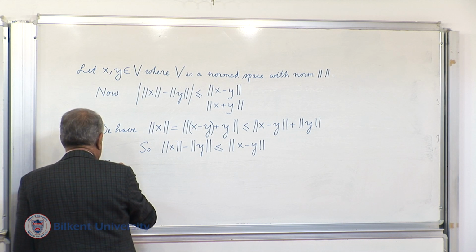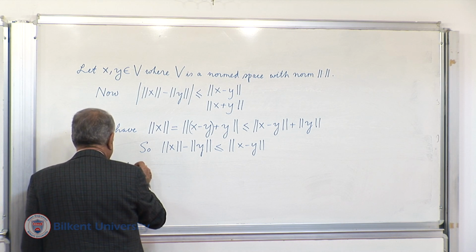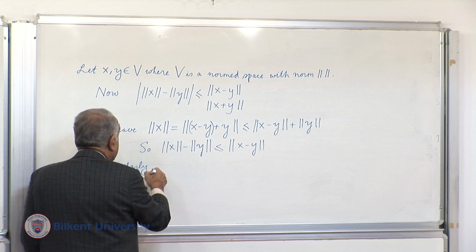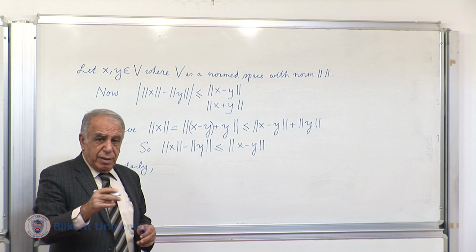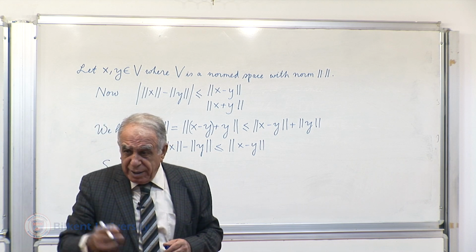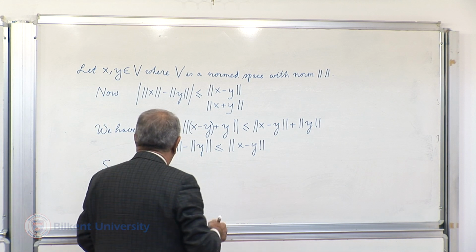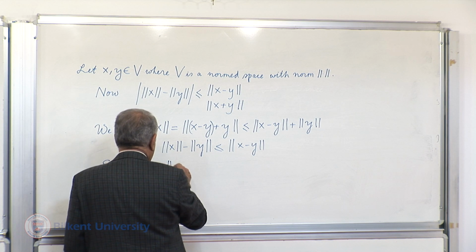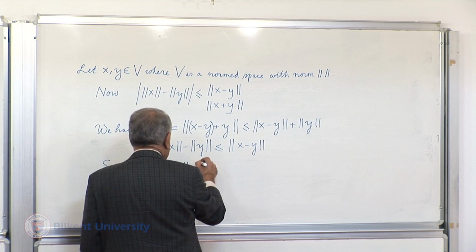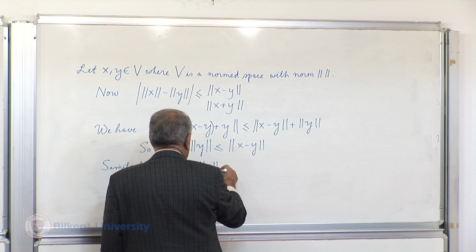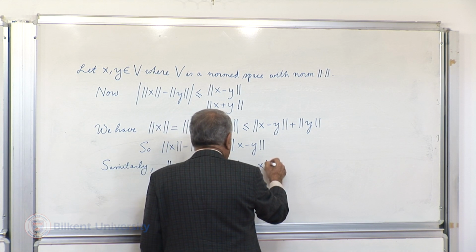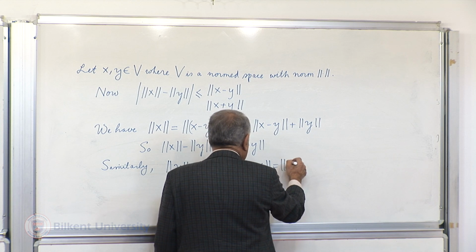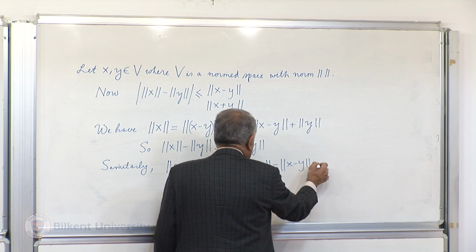We similarly get, that is, we start here with the norm of y, that's the norm of y plus x minus x, and we'll have that the norm of y minus x is less than or equal to the norm of y minus x, but that's the norm of x minus y.